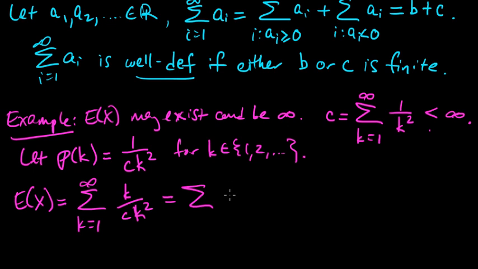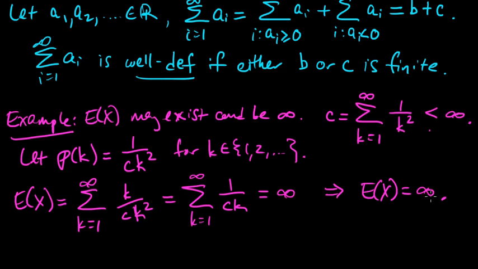The k's cancel. We get 1 over ck. And this, if you are familiar with series, is infinite. This does not sum to anything finite. So in this case, the expectation of x is infinity. But it's okay. It's still well defined.